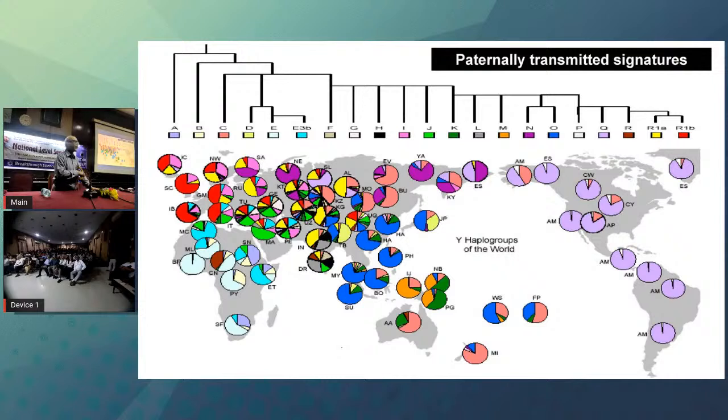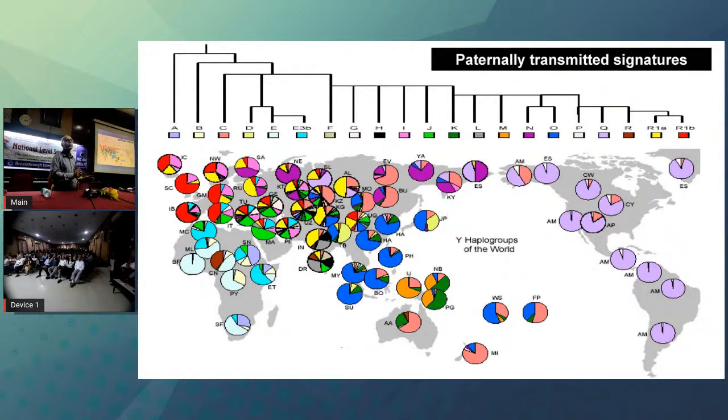The inference is that humankind evolved in Africa, and we moved out of Africa to populate Europe, India, Middle East, etc., and then moved on to populate the New World, and therefore the newest kinds of signatures are found here. These are Y chromosomal signatures, which are paternally transmitted.